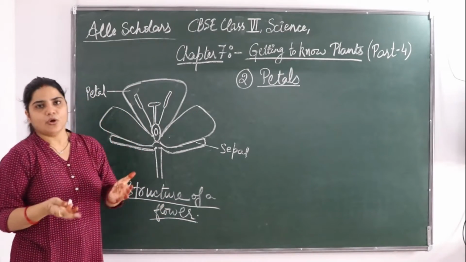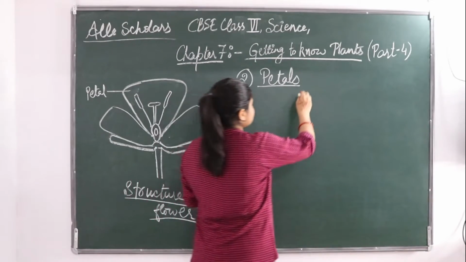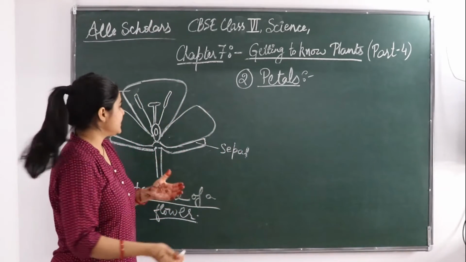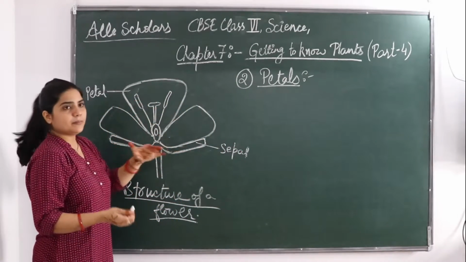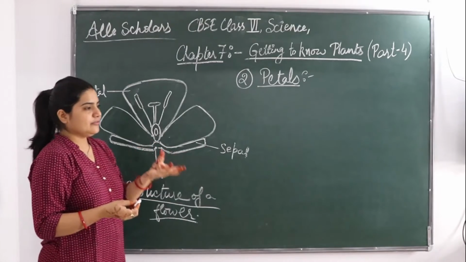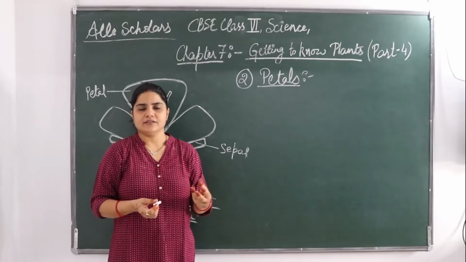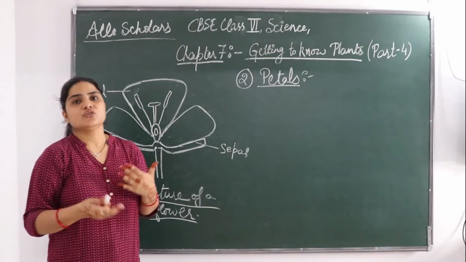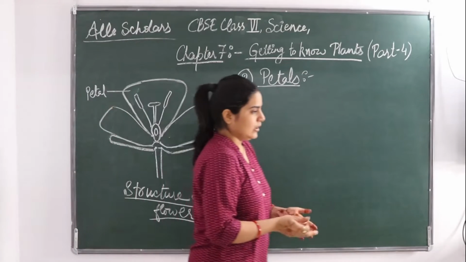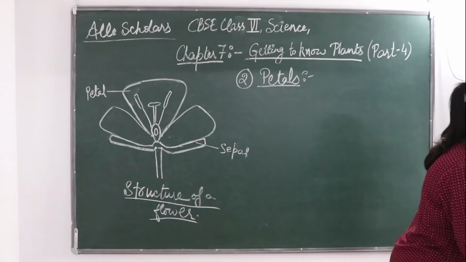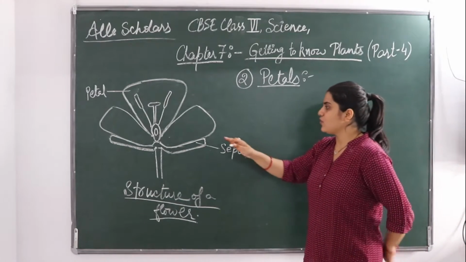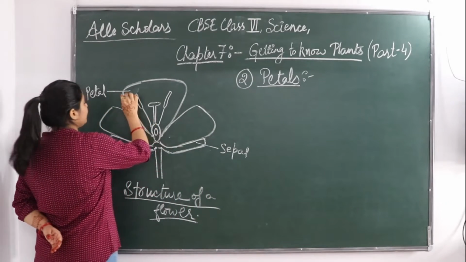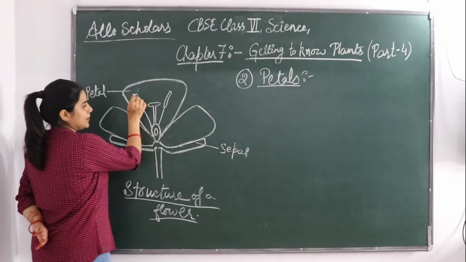Not in your course this time, but when you grow into higher classes, you will study how many petals a particular flower has, if it has 5 petals, 4 petals, 3 petals, or multiple petals, and what they are called. Flowers can be differentiated on the basis of their petals. But here you only need to know that this is a petal.